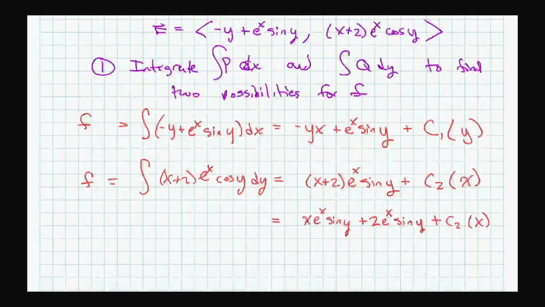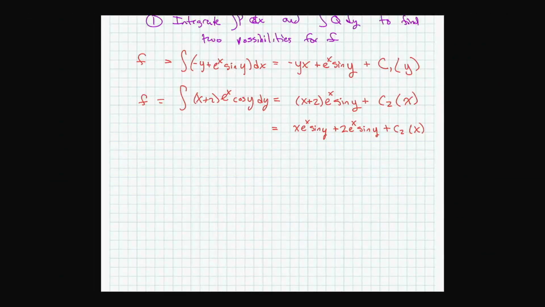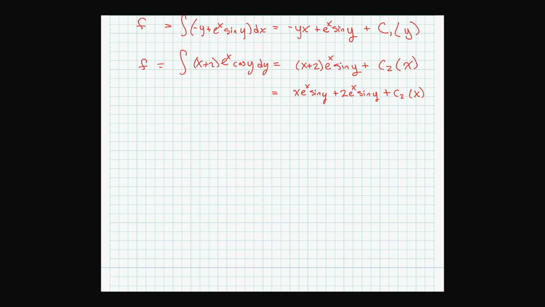Okay. So then what you would do is this. If you look at your results, I've got f of xy is supposed to be negative yx plus e to the x sine y plus a constant that has only y's.